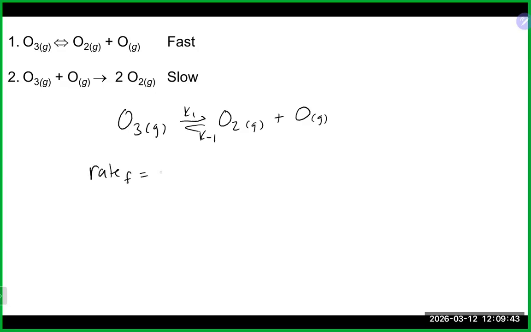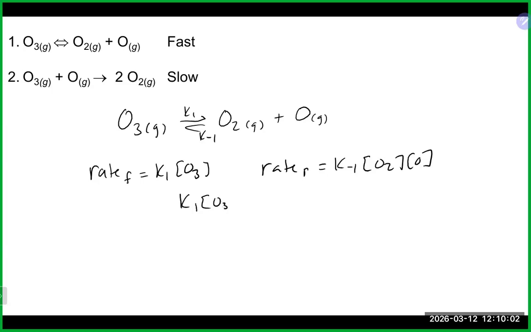Like we did for our forward direction, with K1 and O3, we can write it for our reverse direction. The rate of the reverse direction is equal to K minus 1, O2, and O in this case. And just like we did before, we can set them equal to each other.